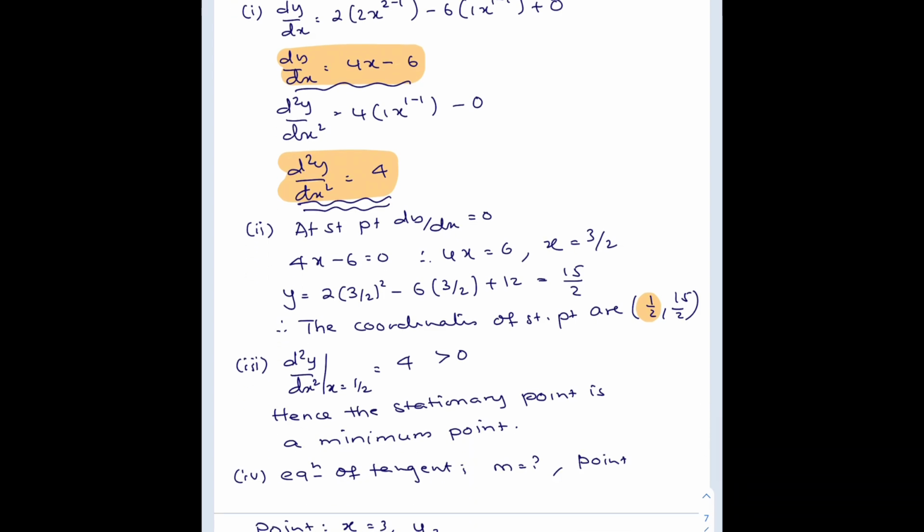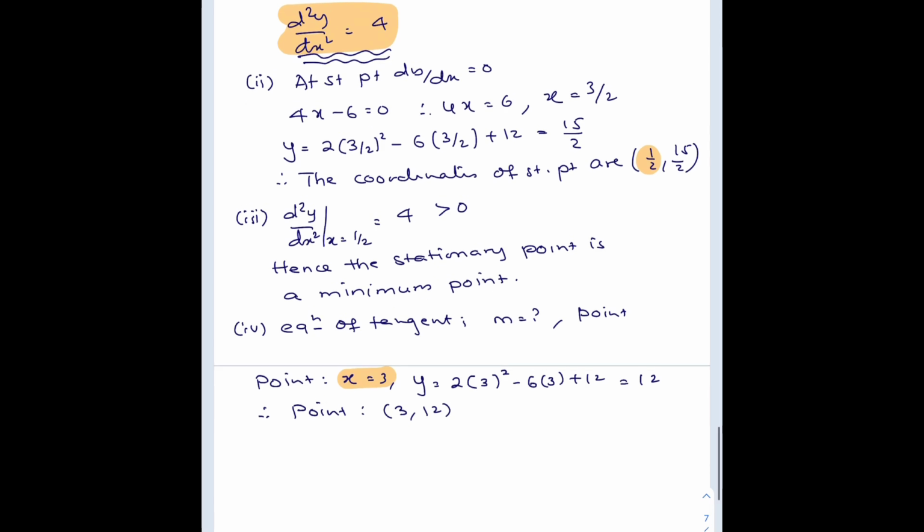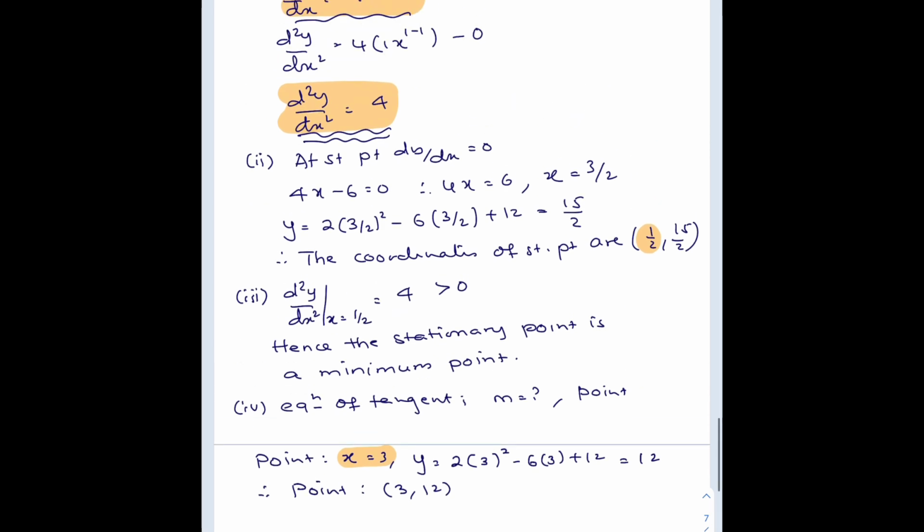So y is, substitute into the original equation, 2x squared minus 6x plus 12. So 2 times 3 squared minus 6 times 3 plus 12. That's 2 times 9, 18, minus 18, plus 12 is 12. Therefore, the point we need is (3, 12).